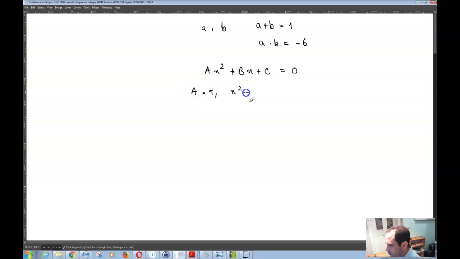Then you have x squared plus bx plus c is equal to 0. In this case, if I take the roots of this equation as alpha and beta, b is going to be equal to alpha plus beta, and c is going to be equal to alpha beta.